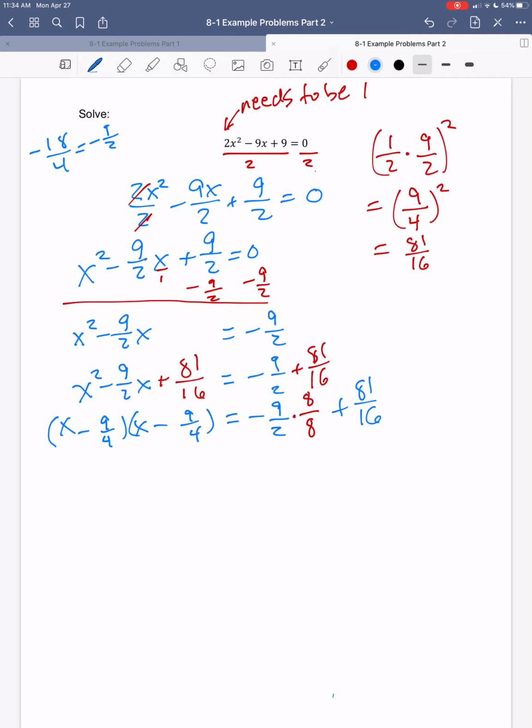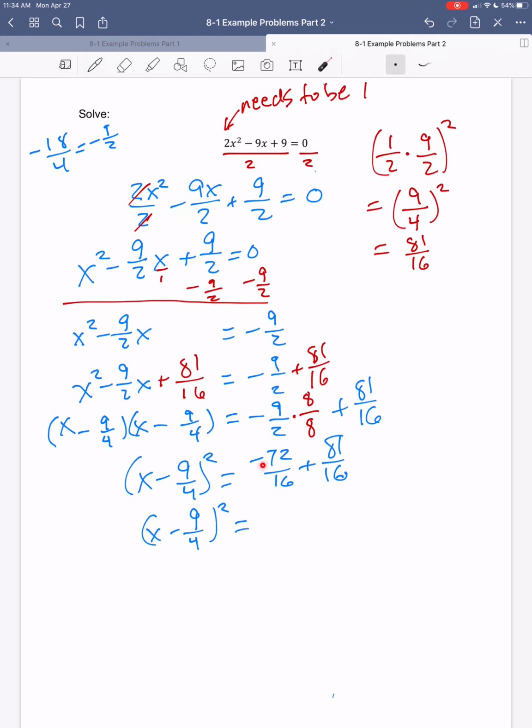So I'm going to get x minus 9/4 squared equals negative 72 over 16 plus 81 over 16. So when I put those together, we get negative 72 plus 81. That would be 81 minus 72. That ends up being 9 over 16.